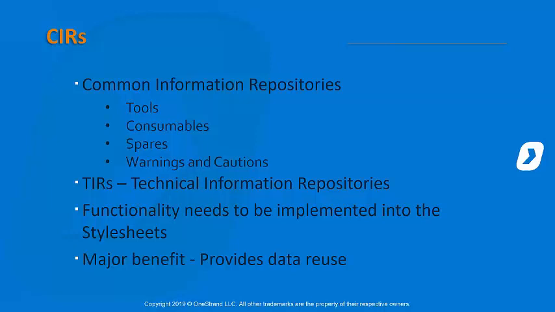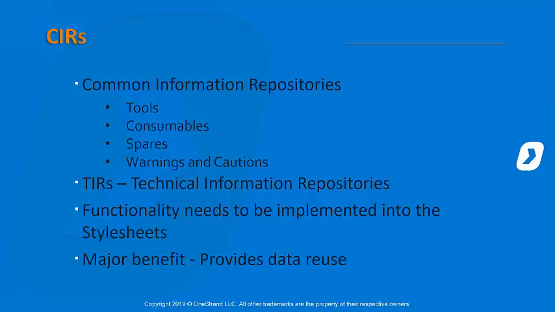I kind of like the CIR name actually, because it is common information, isn't it? And that's the point. It's the sort of information that is repeatable, it's shared, and it is common for your program. So it kind of makes sense.